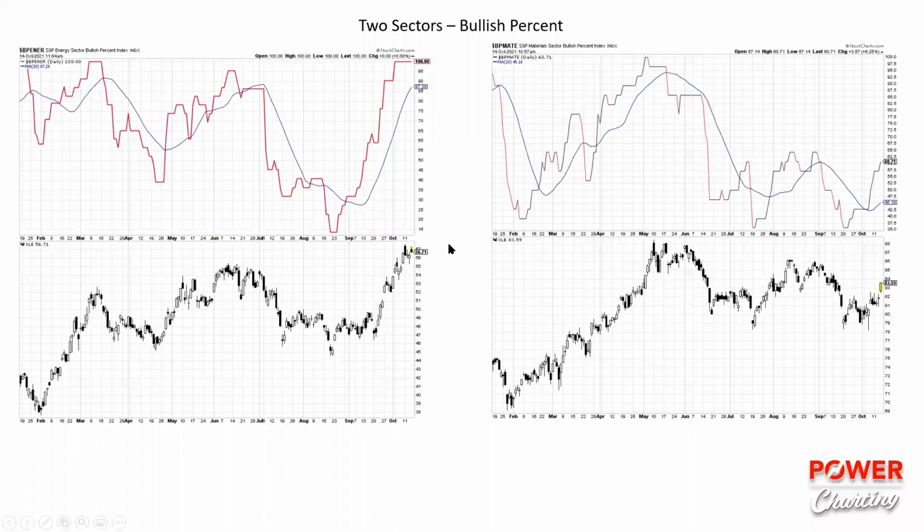And finally, I want to show you two bullish percents. This one on the left is the energy sector, which went from below 15% of stocks in the sector being on bullish percent buy signals to where literally the whole sector, 100% of stocks are on a buy.